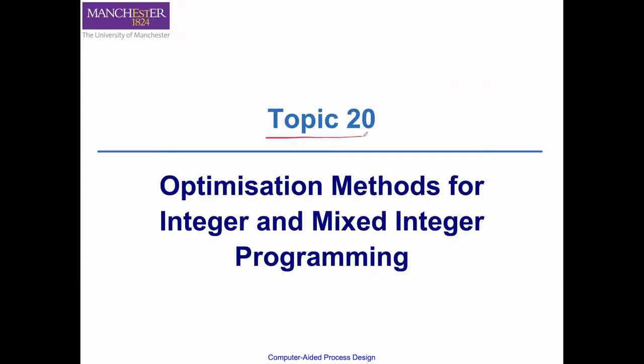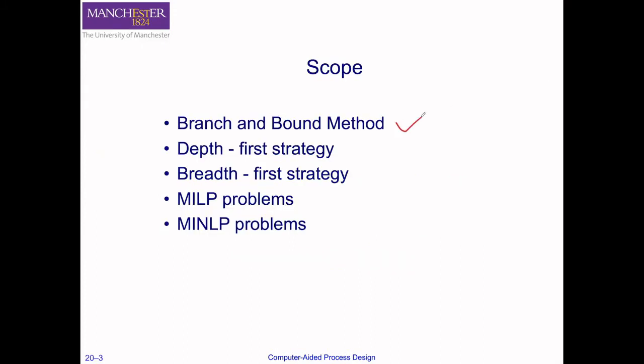In this topic, we will introduce optimization methods that can be used to solve these integer programming and mixed integer programming optimization problems. We first talk about the branch and bound method. Then we will introduce two different branching strategies. They are depth first strategy and breadth first strategy.